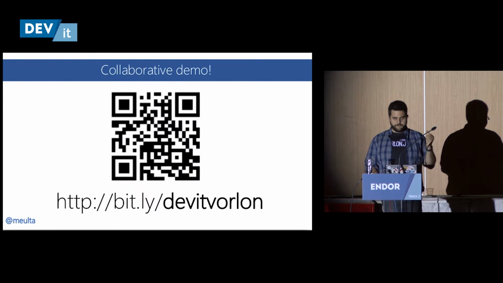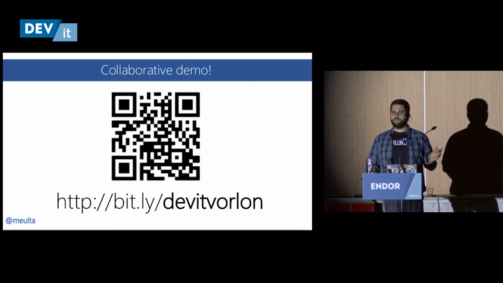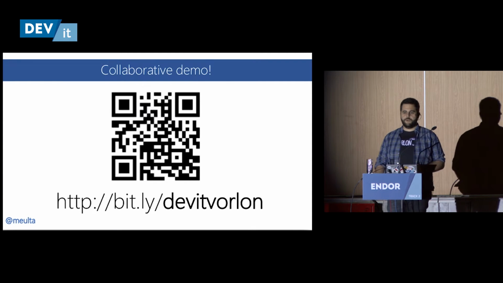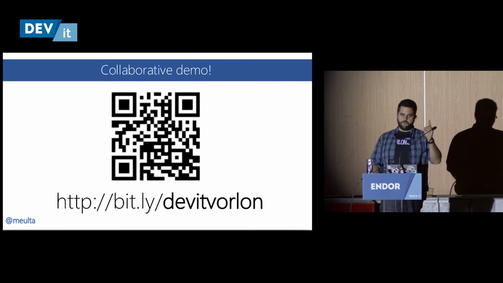So let's first start and do a collaborative demo. I guess you all have phones, right? So put them out and flash this code or go to this website. It's a demo website that we have, and I'm going to pick one of you randomly. I don't know anyone here.